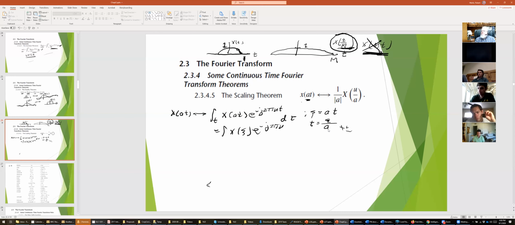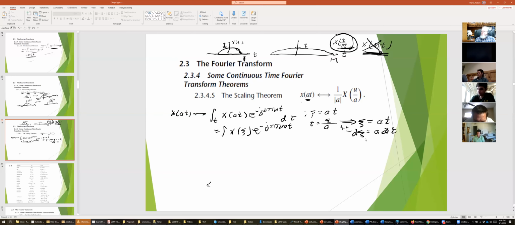But what is C? C is equal to A times T, right? So DC is equal to A dt.